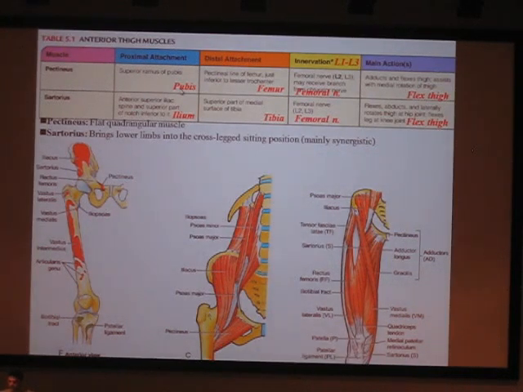You don't have to memorize all the particulars, such as whether it goes to the greater trochanter of the femur as opposed to the femur in general, unless I indicate that. I indicate it because it helps you understand functionality. Sometimes it might help you understand functionality and I don't indicate it, but really you'll get the big picture. What I want you to know is what I put here in red.